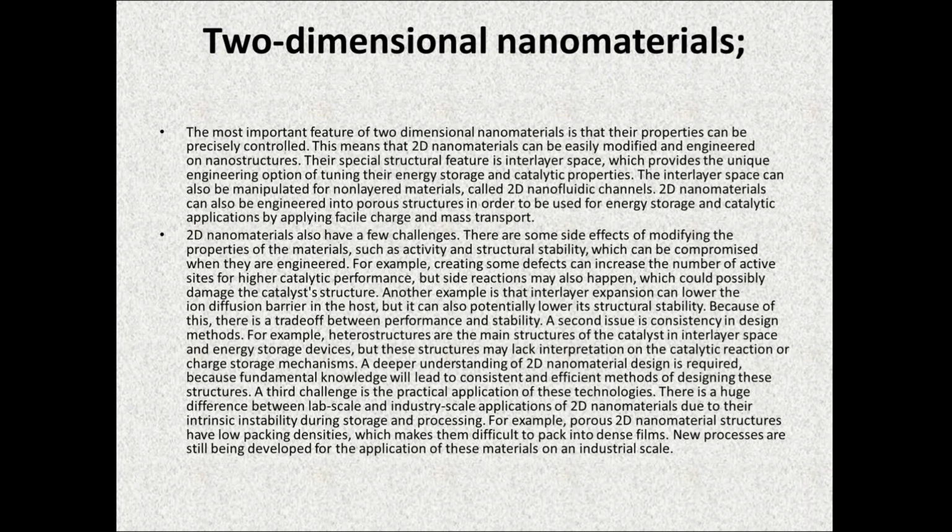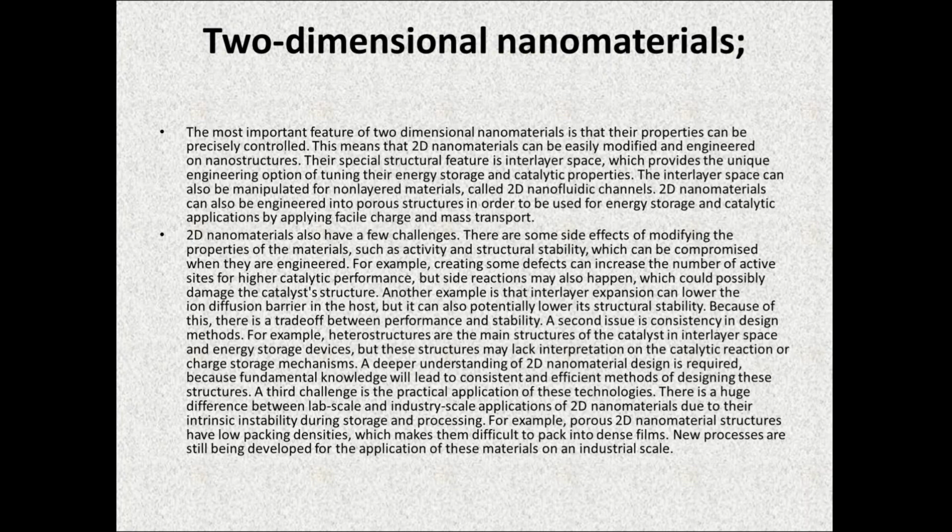2D nanomaterials also have a few challenges. There are some side effects of modifying the properties of the materials, such as activity and structural stability, which can be compromised when they are engineered. For example, creating some defects can increase the number of active sites for higher catalytic performance, but side reactions may also happen which could possibly damage the catalytic structure.